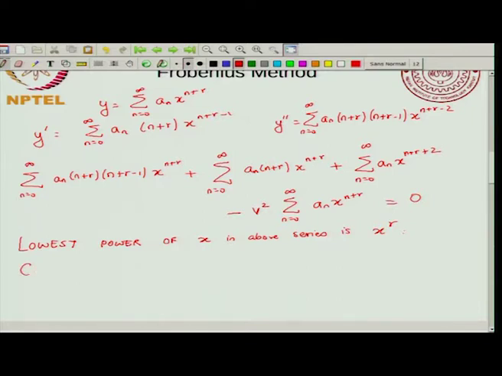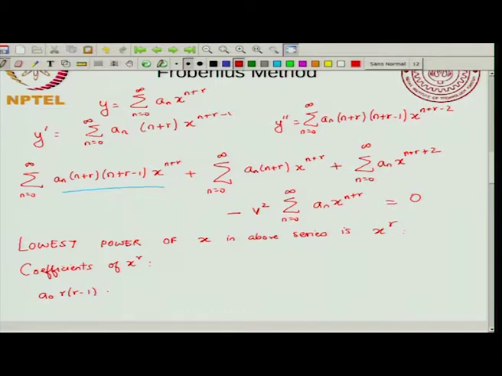Now you look at the coefficient of x raised to r. In this sum you have to have n equal to 0. So if n equal to 0 in that sum, then what you will get is a 0 into r into r minus 1, and then you have x raised to r.